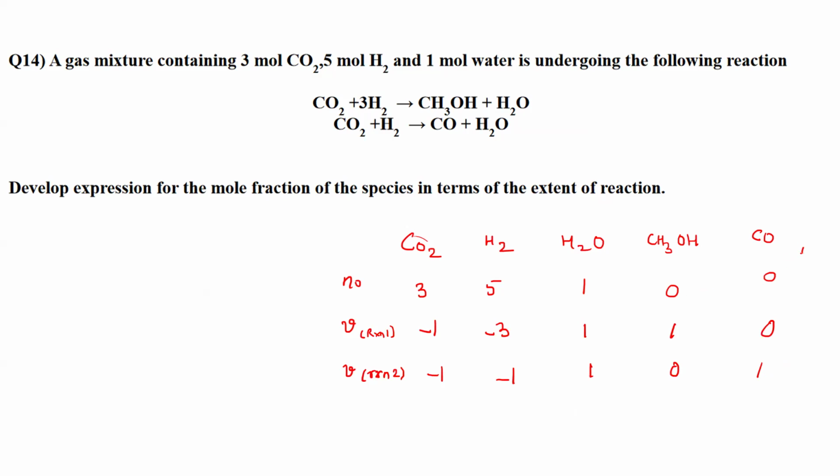Okay, total, if I say this is 9, and this is -4 plus 2, minus 2, and here -2 plus 2, 0. Okay, for the reaction 1, assume epsilon 1 is the extent, and for the reaction 2, epsilon 2 is the extent.